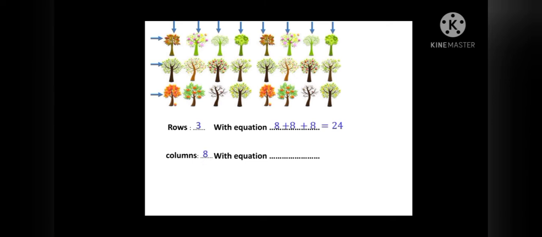I ask myself, in each column how many trees? I have here 3 trees. So I make 3 plus 3 plus 3 plus 3 plus 3 plus 3 plus 3 plus 3, 8 times. I get also 24. To make sure your answer is right, what should I do? I count all the trees. I get 24.